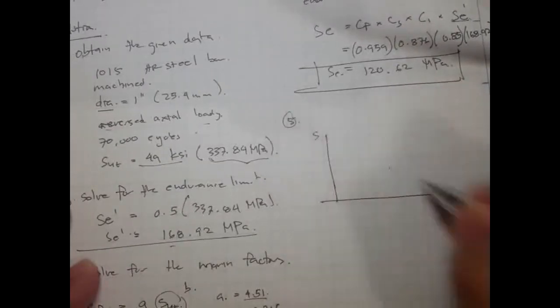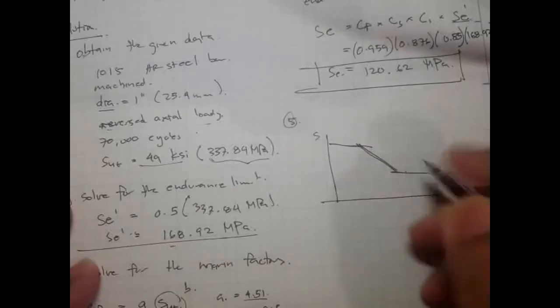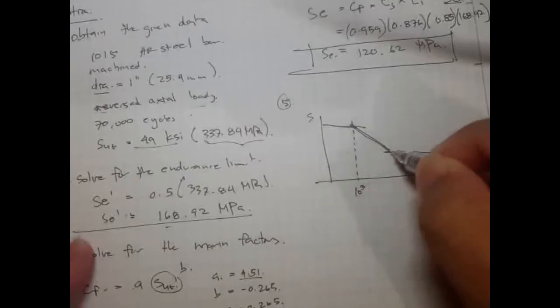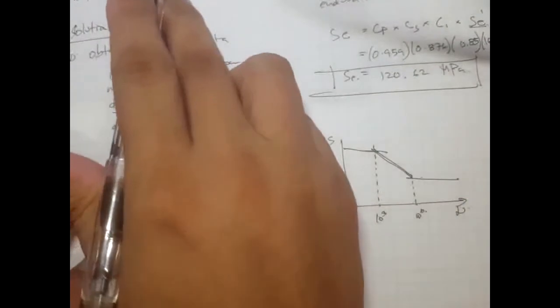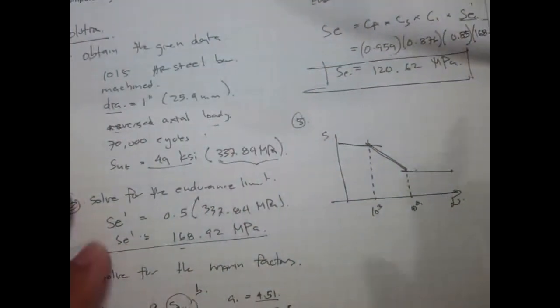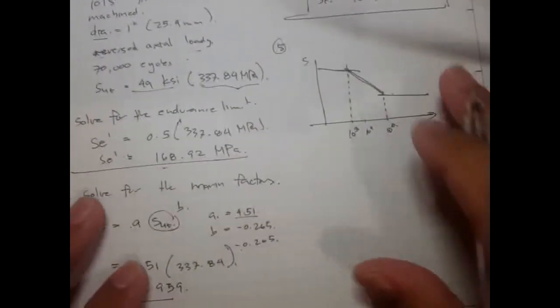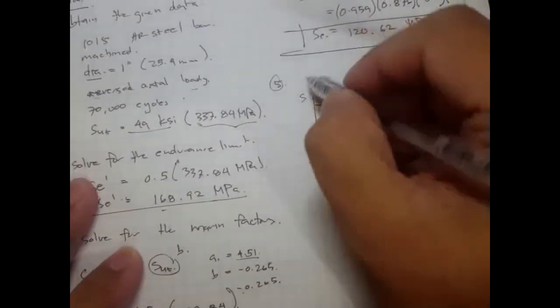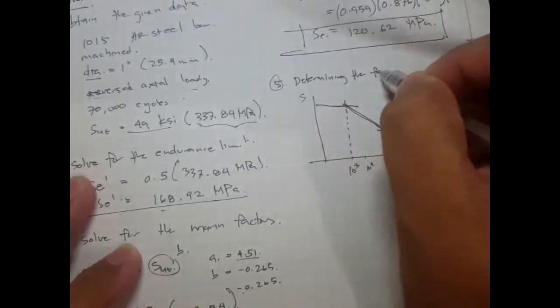If this is our S-N curve, and we have this curve right here, and at this point, recall that this is 10 to the 3, and this point is 10 to the 6, and 70,000 cycles, that's actually 7 times 10 to the 4, so somewhere right here. Okay, so let's write here, determining the fatigue regime.